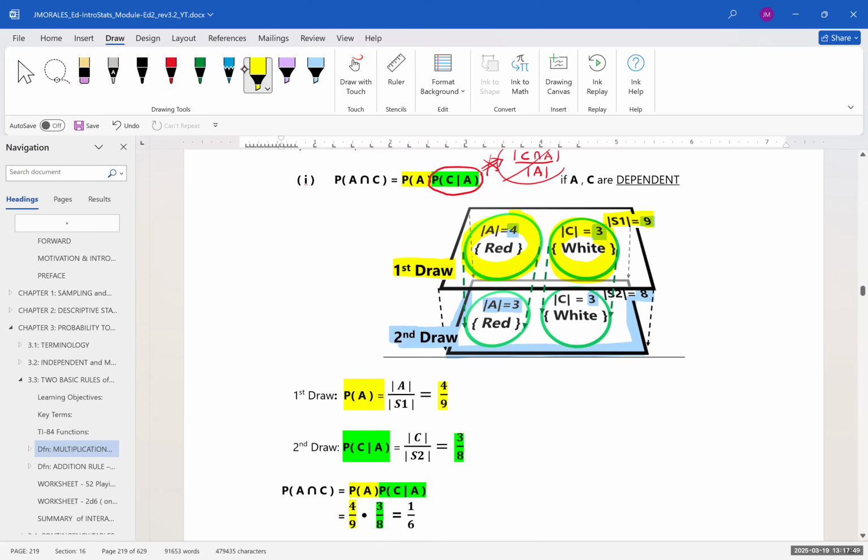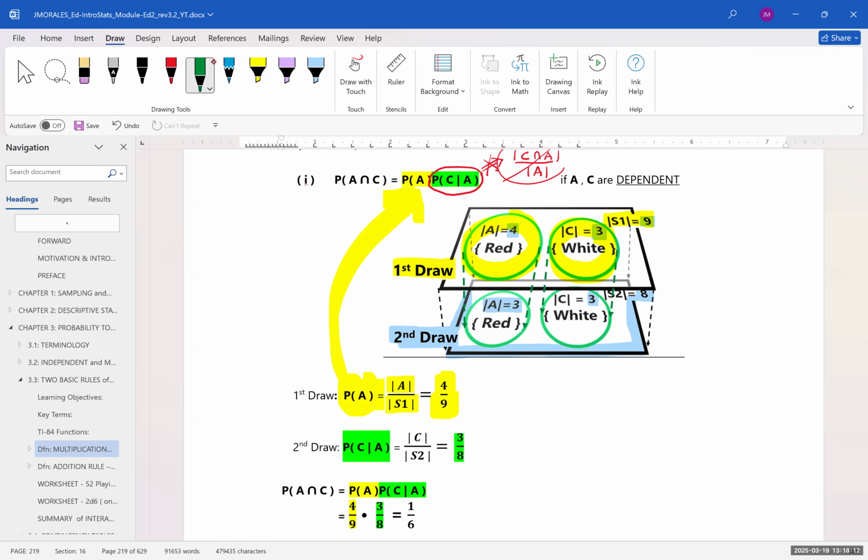So in our first draw, what's the probability of getting a red? Well, it's the order of red over the order of the sample space. And there's four reds out of a bag of nine. So it's 4/9. And what we're calculating here is this first part.